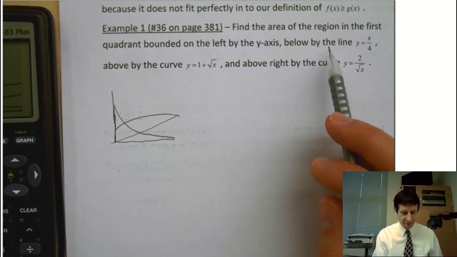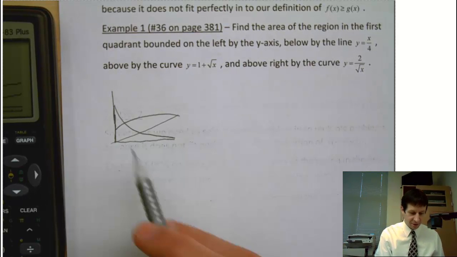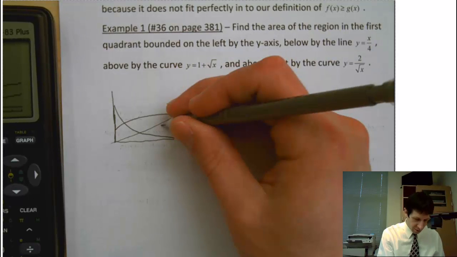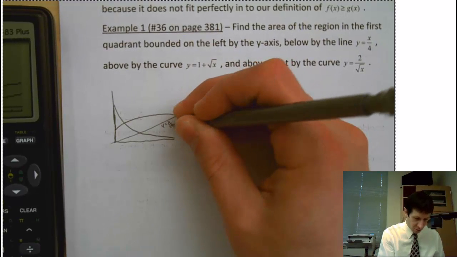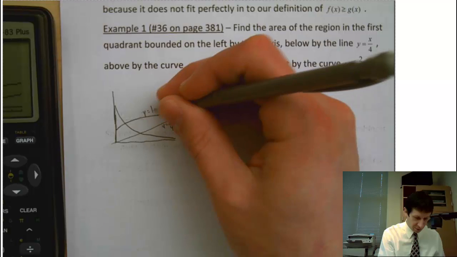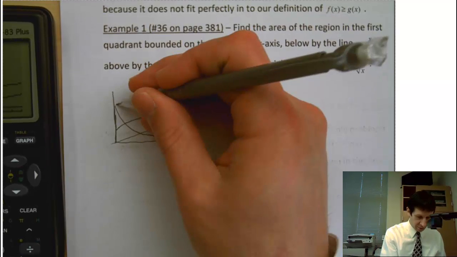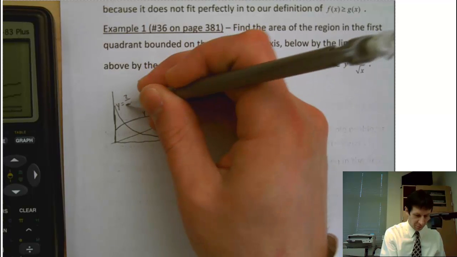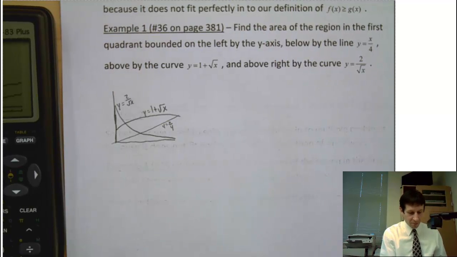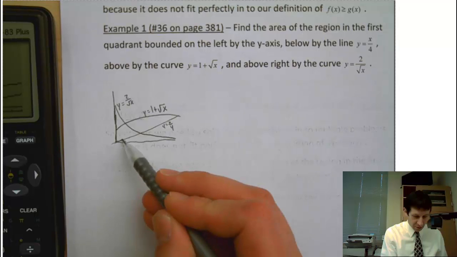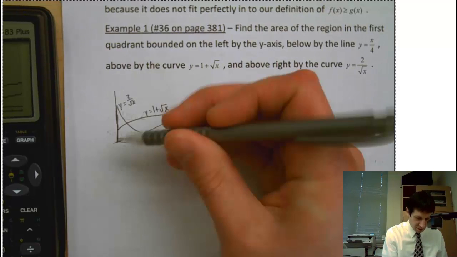Below by the line y equals x over 4. I'm starting to think it's this one, because this was our y equals x over 4. This was our y equals 1 plus root x. And then this one up here was y equals 2 over root x. So below by x over 4 looks like that's this.